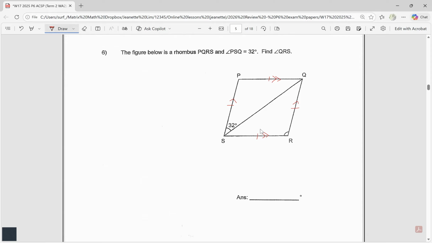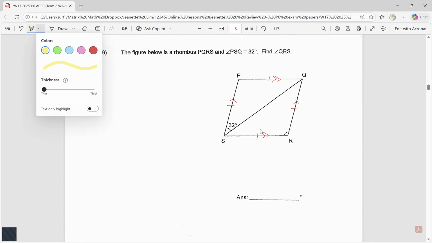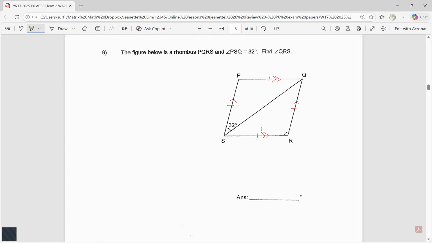Now, you can actually use the alternate angles, which is the Z. Like that. This only applies if you have parallel lines, which we do, PS and QR. So then I know that this one here is 32 degrees.